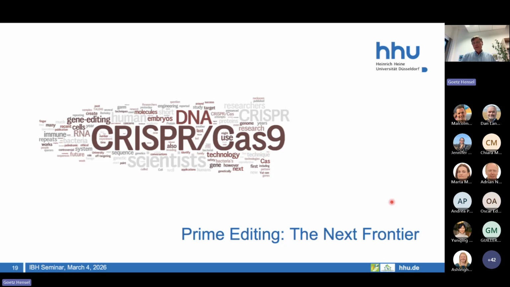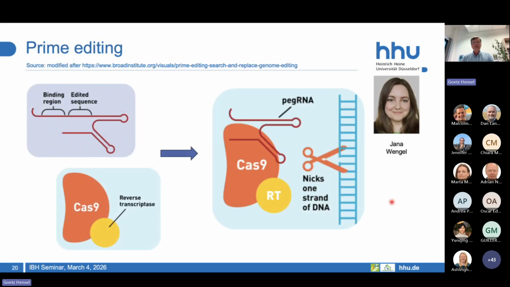Then, as I say, the problem here is that the repair template might not be in the right place where the double-strand break is occurring. So that's why in 2019, a technology was introduced, prime editing, which sounds very nice because here you overcome this problem that your repair template is not in the right place where the double-strand break is occurring.